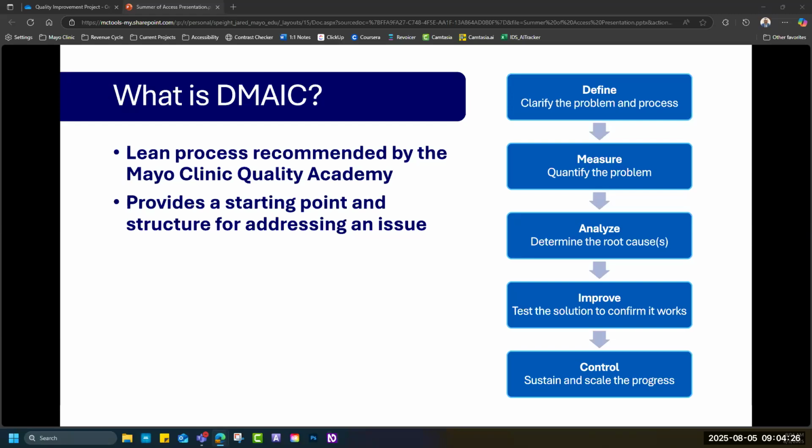What DMAIC did was give us a way to slow down, work smarter, and focus on building sustainable, effective processes. It also helped us gain leadership buy-in and align with broader organizational goals because we were speaking in terms of data and measurable outcomes, not just good intentions. Today we'll walk you through the DMAIC process step by step, share the high-level work that we did, what we learned, and what you can take with you to support your own accessibility goals.